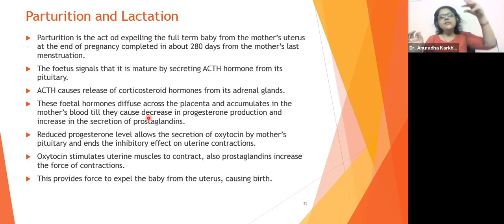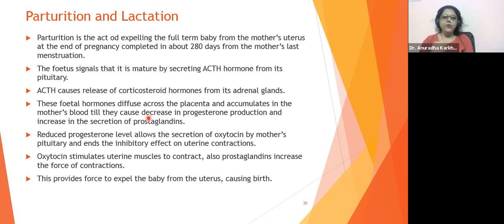This ACTH will move via the fetal blood and reach the adrenal gland. ACTH directly does not help in anything. Rather, it causes the corticosteroids to be formed and released from the adrenal gland into the blood.